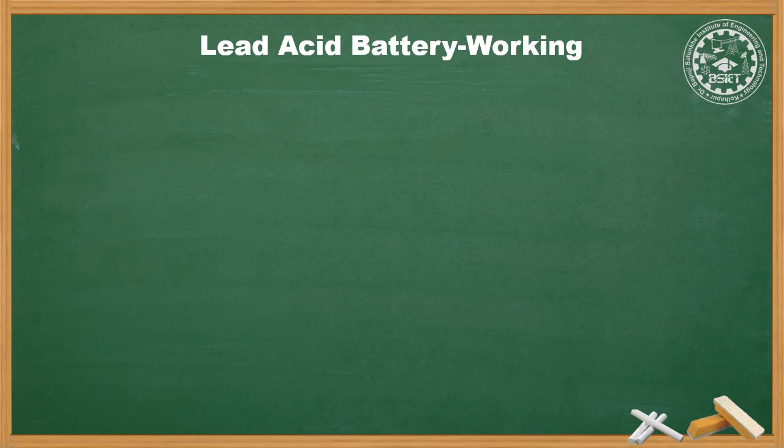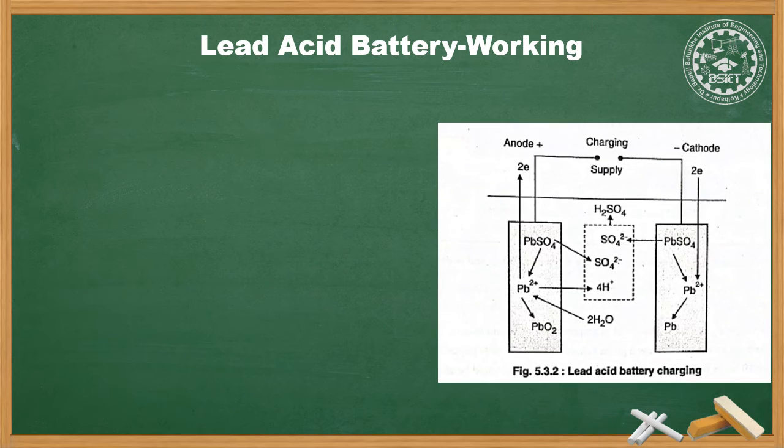Let us see the lead acid battery working. The working of a battery can be understood by knowing the changes that take place during charging or discharging of a battery. For this, consider this figure. A fully charged lead acid battery consists of lead peroxide PbO2 as the positive plate, spongy lead Pb as the negative plate, and dilute sulfuric acid H2SO4 and H2O, that is water.